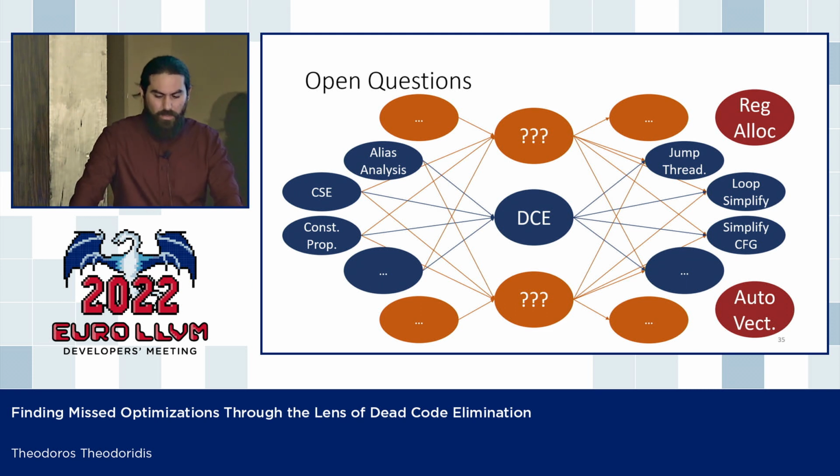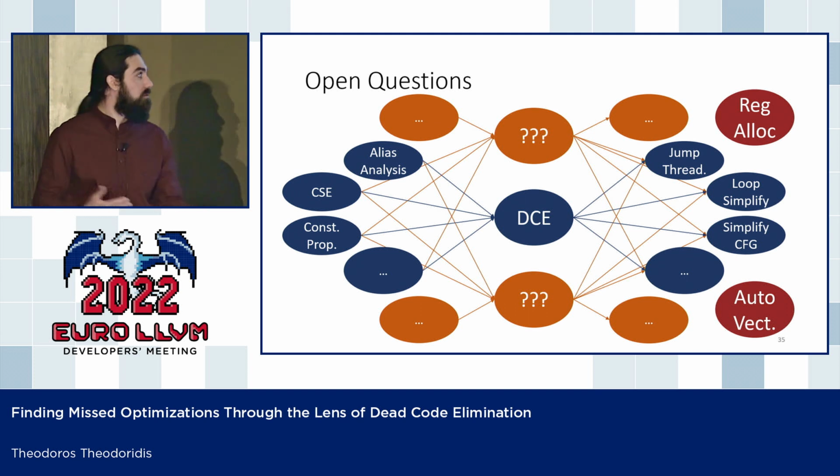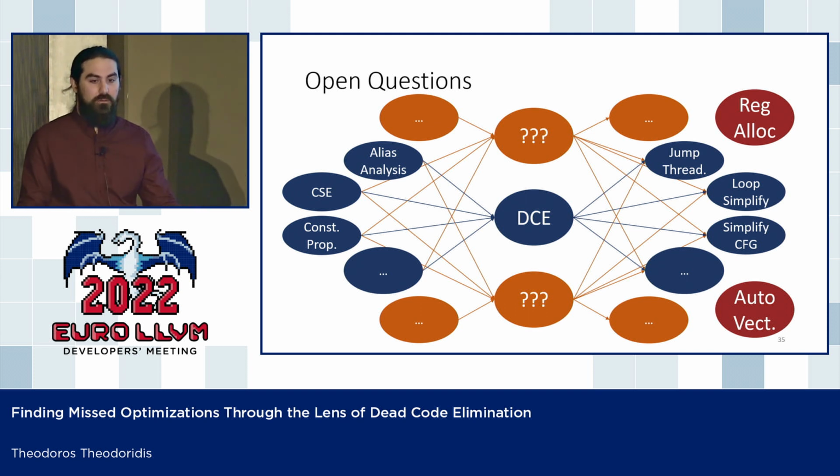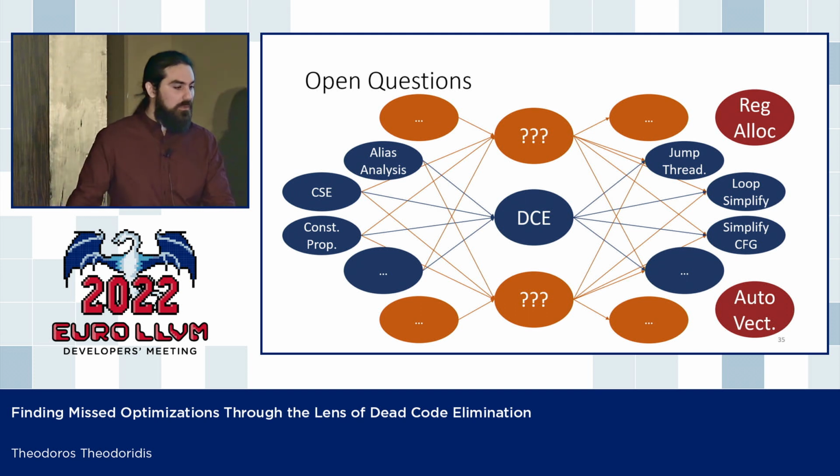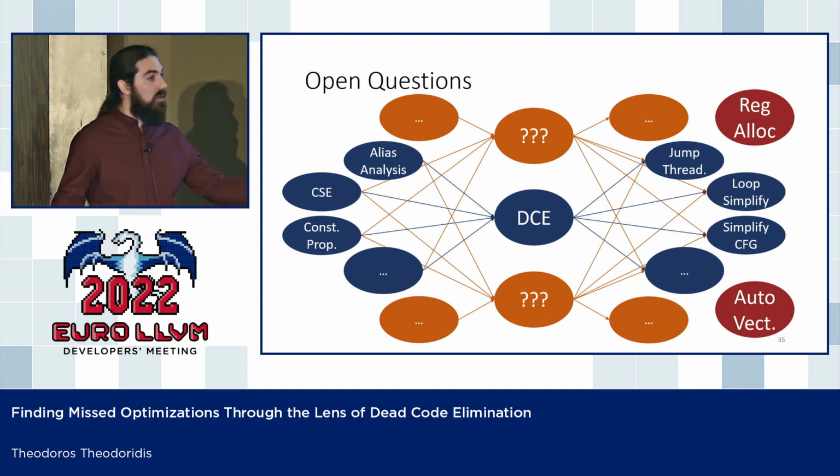And what we would like to have is some way, given, say, a function or a loop nest, and a vectorization scheme or a register allocation scheme, to do this absolute comparison where we say that one scheme is strictly better than the other.